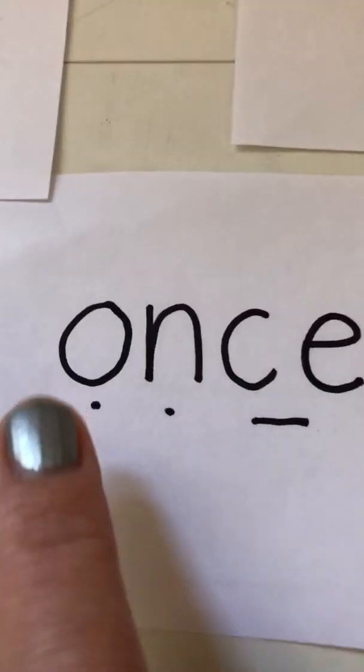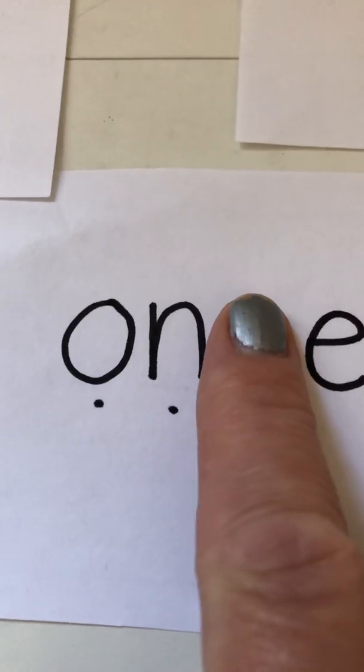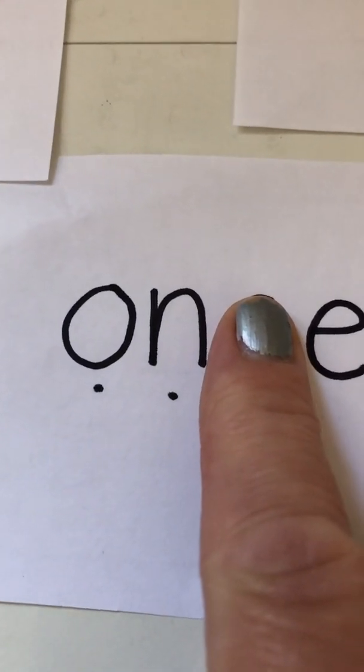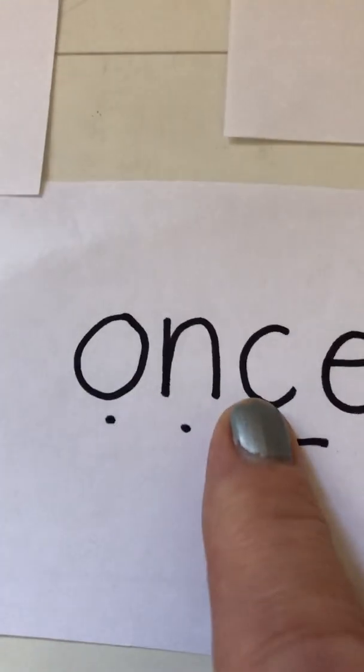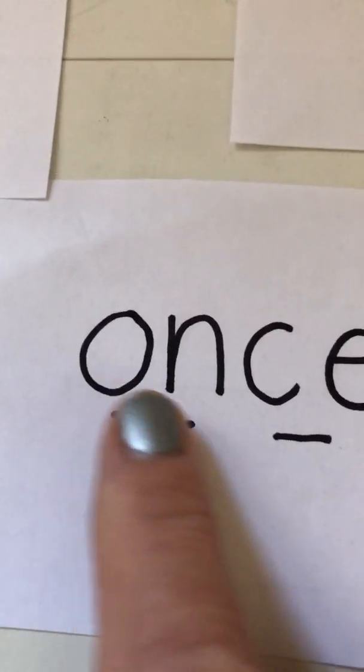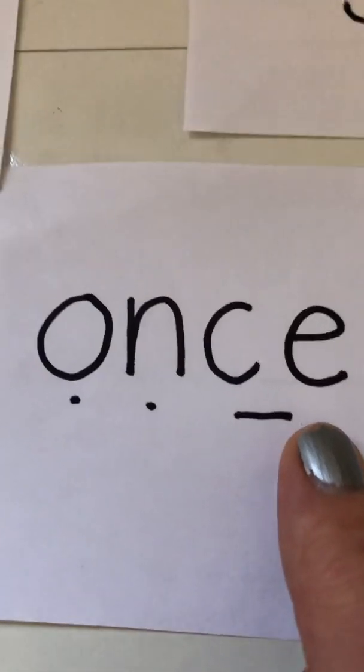Once. It reminds me of the word one that we've learnt before as a common exception word. So think of it like that. One, but with the S in the middle. Once, like as once upon a time.